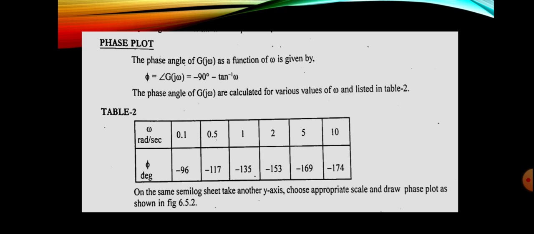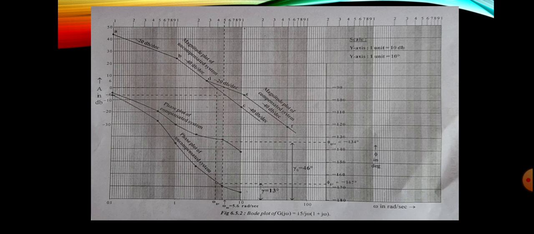Next, for 0.5 the phase is minus 117. See here it is marked as 1. Since the entire division has a value of 1, from here to here it is 1 value. That means 0.5 will be located here.